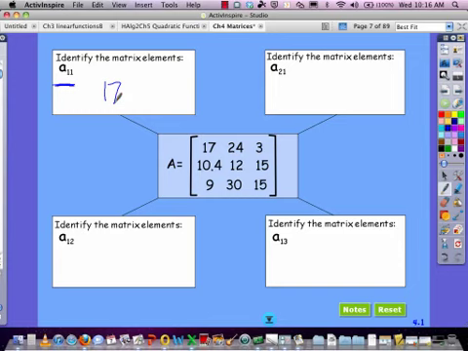A sub 2, 1, second row, first column, that would be 10.4. What is the element in A sub 1, 2? That would be first row, second column. You better be looking at 24. And lastly, the first row, third column would be that element 3 that we identified previously.